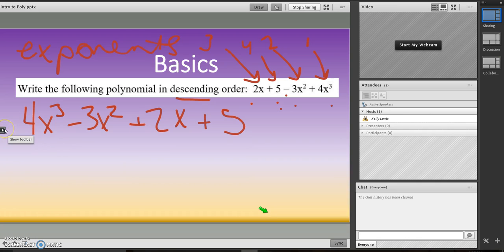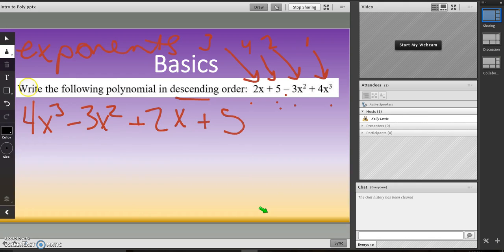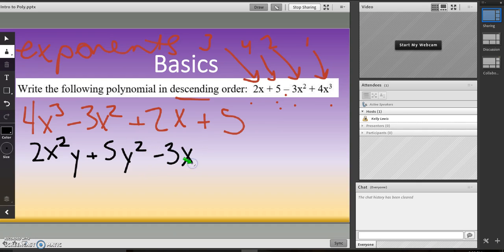What if we had 2x squared y plus 5y squared minus 3xy cubed minus 4x cubed minus 9?